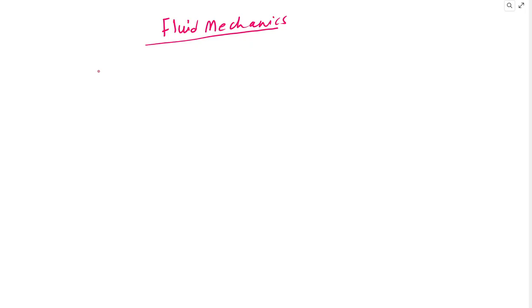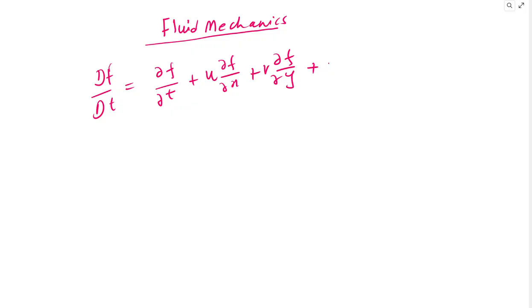So we have already seen the material derivative of any function f is equal to the partial derivative of the function with respect to t, plus u times the partial derivative of f with respect to x, and v times the partial derivative of f with respect to y, and w times the partial derivative of f with respect to z.